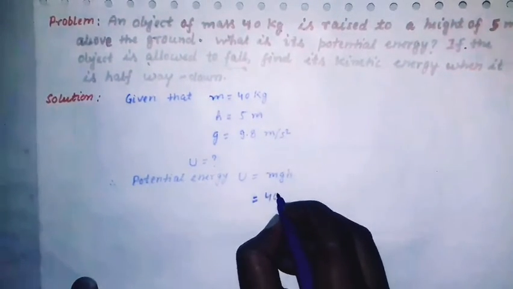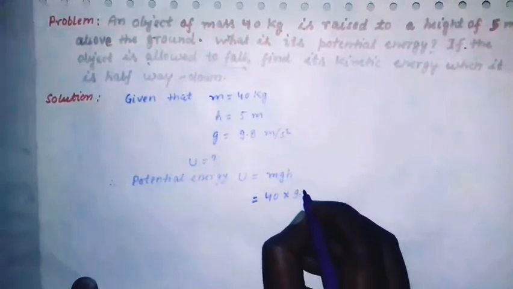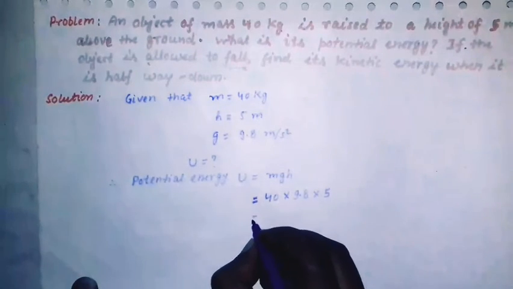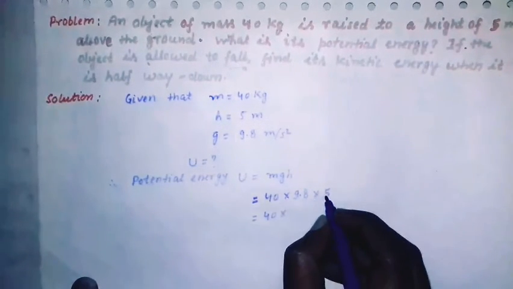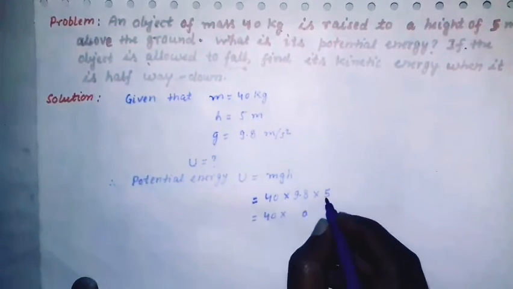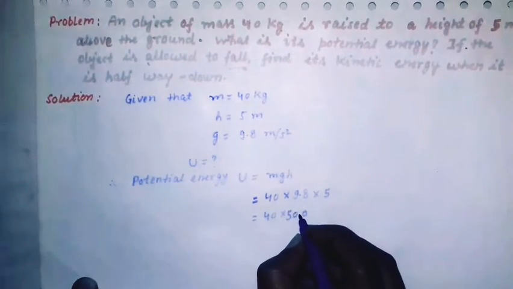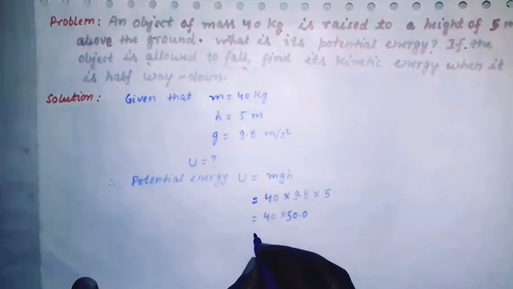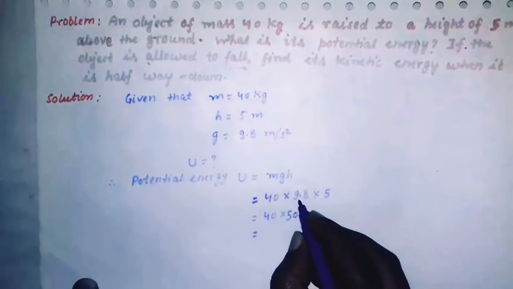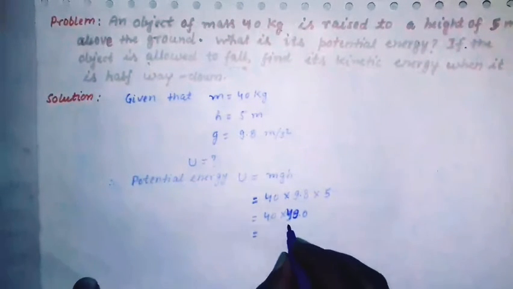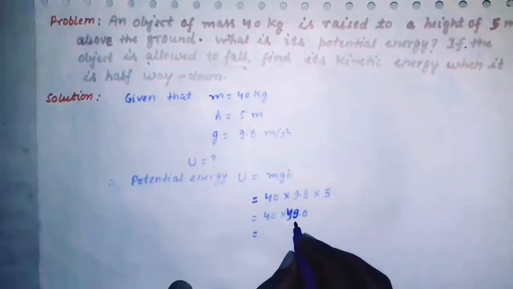This will be 40 into 9.8 into h, which is 5. 9.8 into 5 is 49.0.